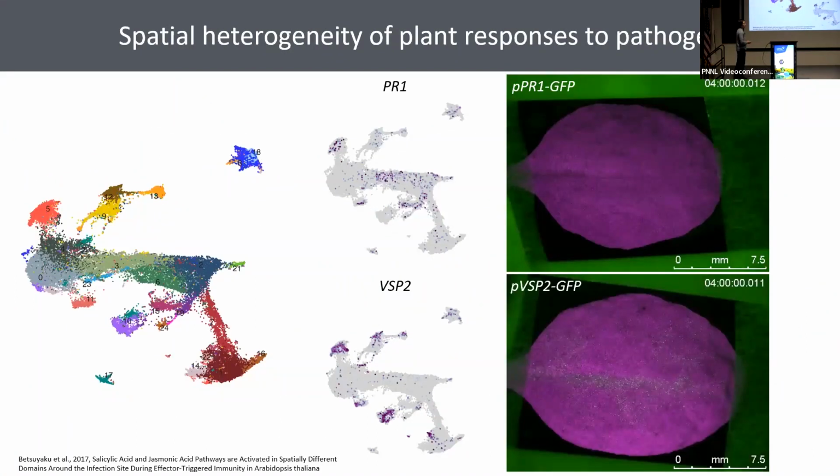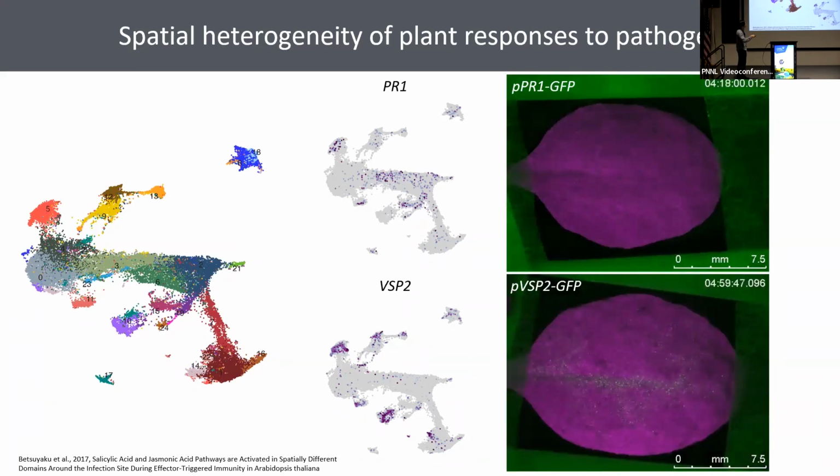Okay, so I'm switching gears to tell you about spatial analysis. The spatial gene expression regulation has been known to be important, or at least involved in plant defense. So this previous study employed 2 transgenic reporter lines for 2 defense-related genes, PR1 and BSP2.